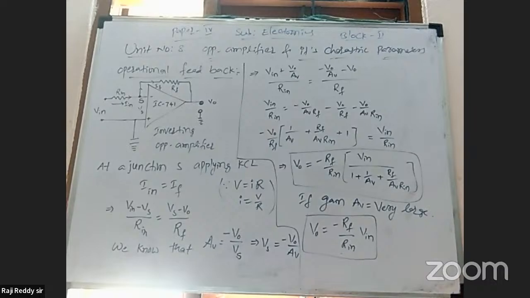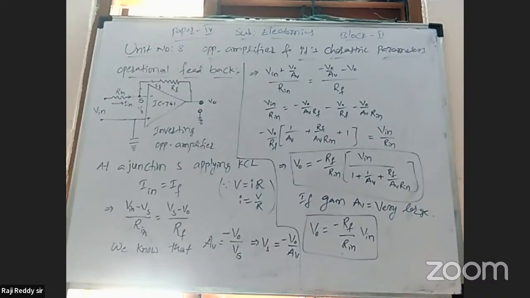This question is also important. Compared to this operational feedback, for operational amplifier parameters and specifications, they can mention clearly sometimes offset current, offset voltage, CMRR, common mode rejection ratio, and next, slew rate.